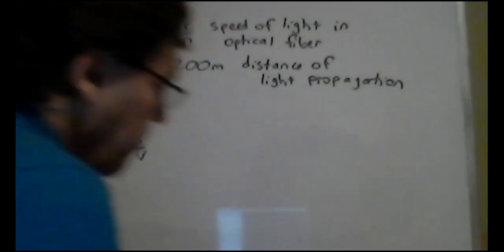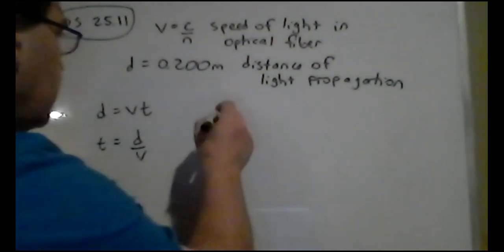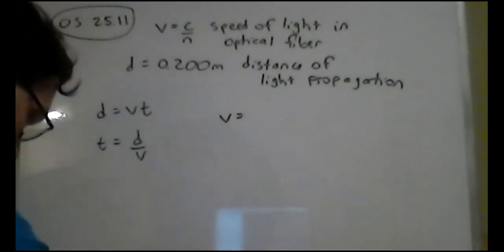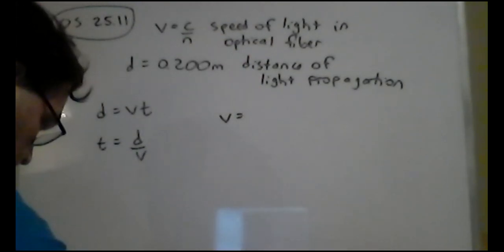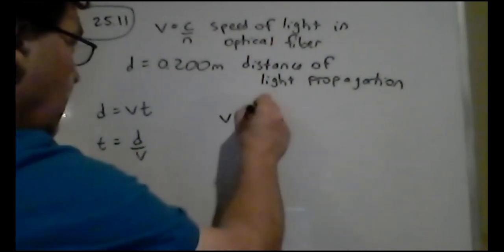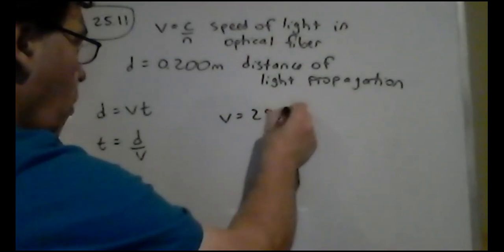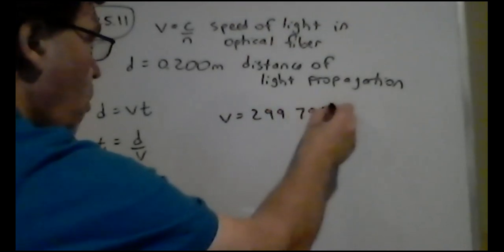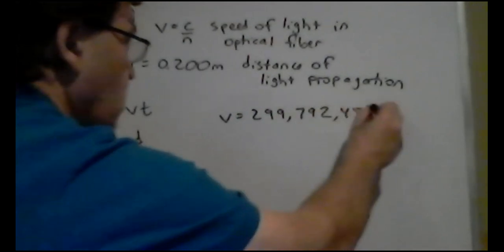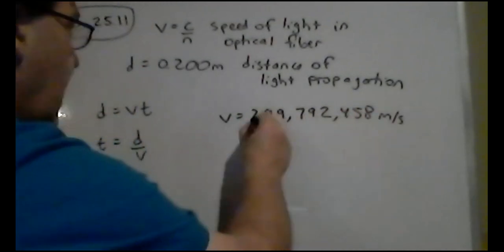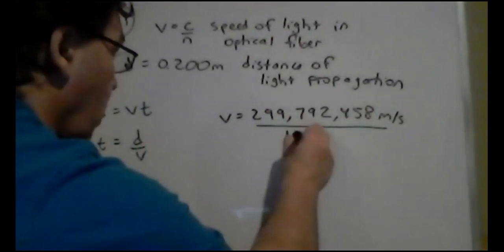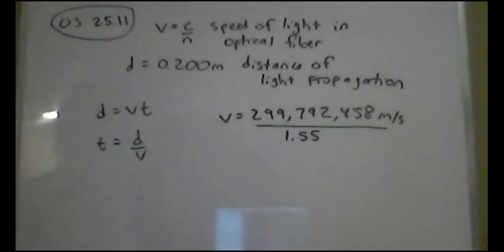V is going to be 299,792,458 meters per second divided by n, which we were told is 1.55.